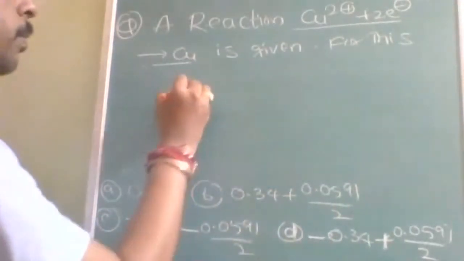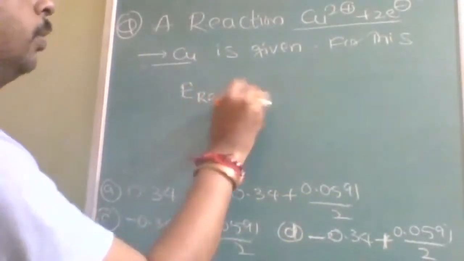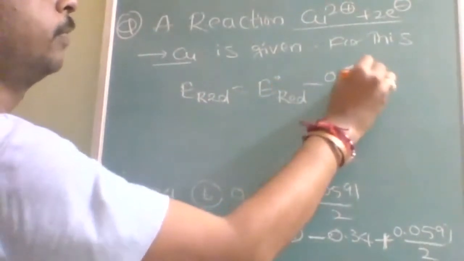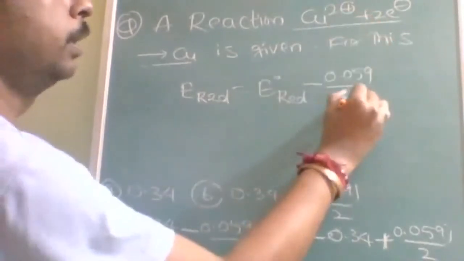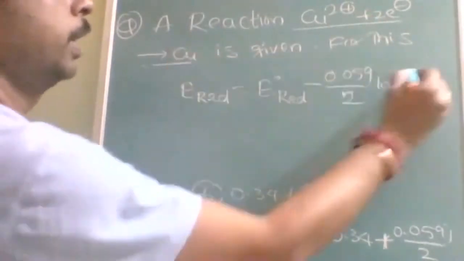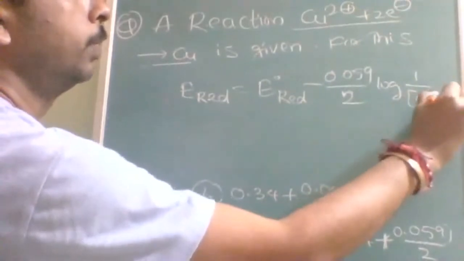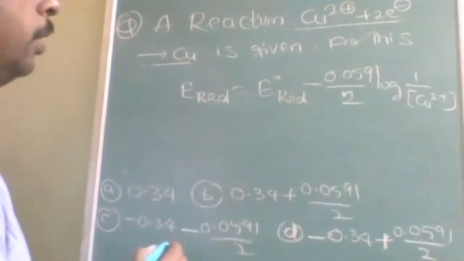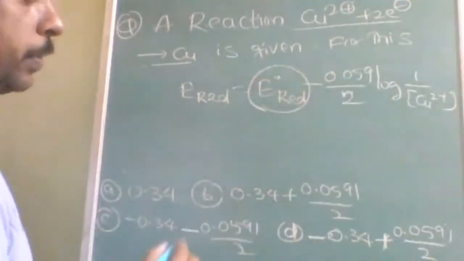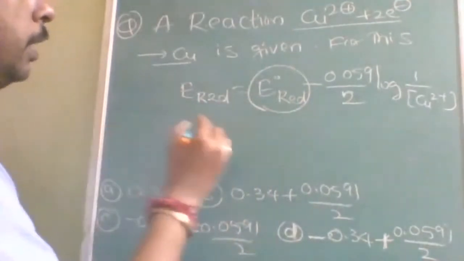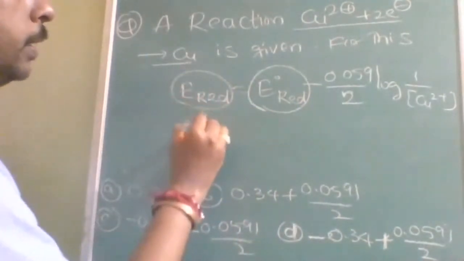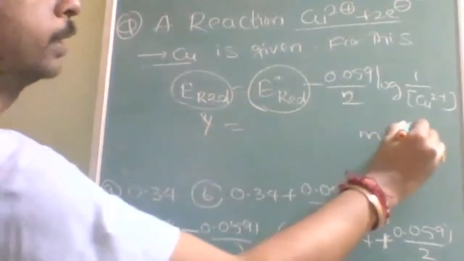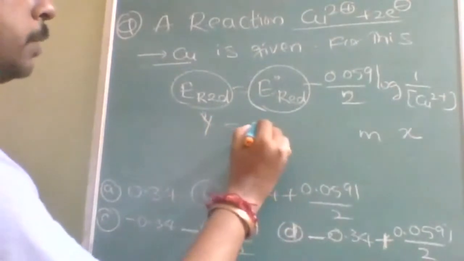Normally E reduction is equal to E naught reduction minus 0.059 upon n, here 2, log product upon reactant. Product is 1 and reactant is copper 2 plus. Is that clear to all of you? 0.0591. Understood? Now here this is the intercept. So this is the graph drawn. So y is equal to mx plus c.